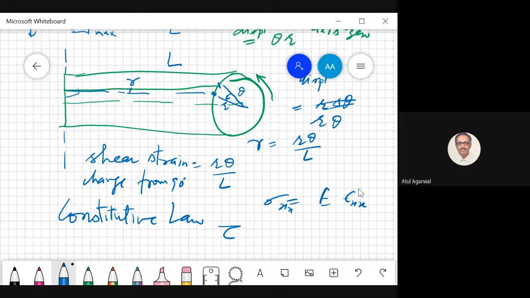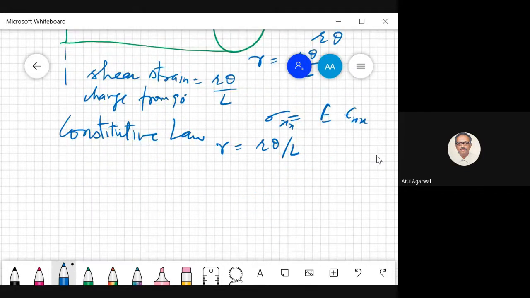First we will see what is the strain. I'll call this strain the shear strain. This is r theta by L. And this stress is the shear stress, given by shear modulus into gamma. G is my shear modulus. I'll explain to you later on.